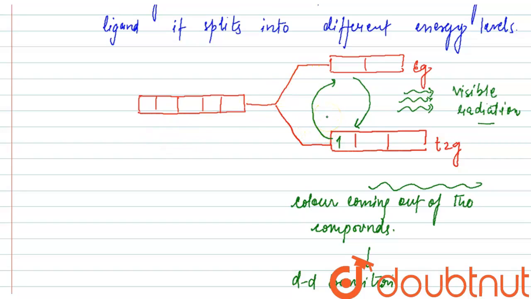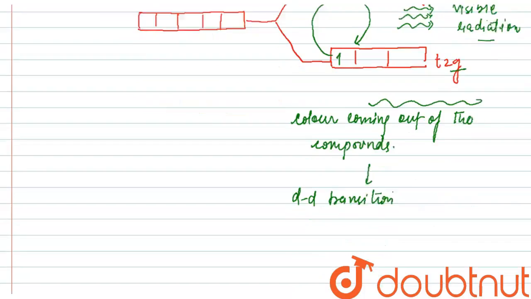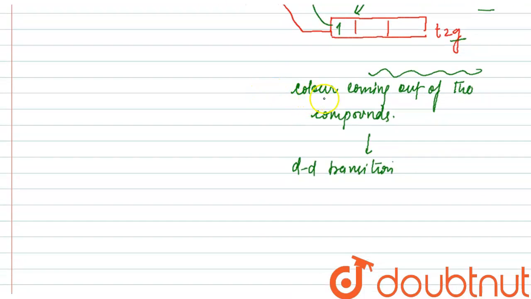So the d subshell is splitting into 2 different energy levels, t2g and eg, and if there is some unpaired electron in t2g, it will take some amount of energy from visible radiation and return back, radiating that energy, which will have a certain wavelength and fall into the visible spectrum. Due to that, we observe some color coming out of the compound, and that phenomenon is called d-d transition.